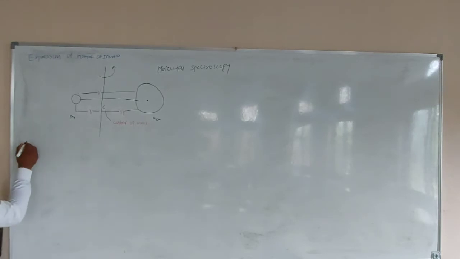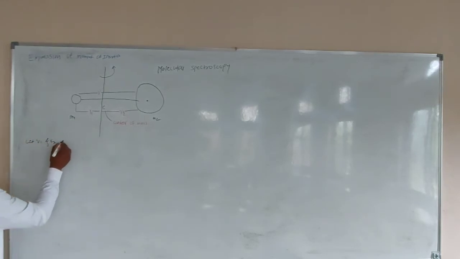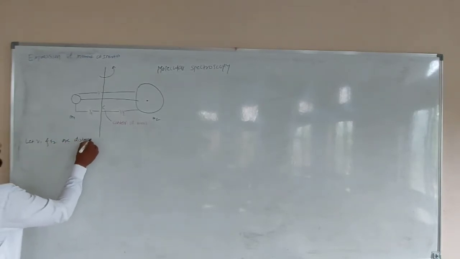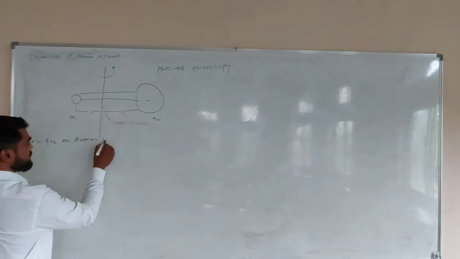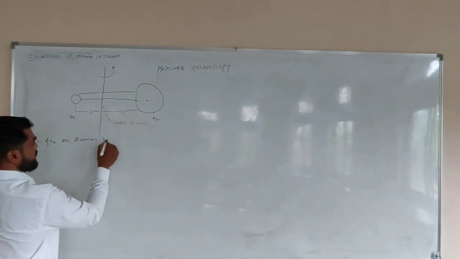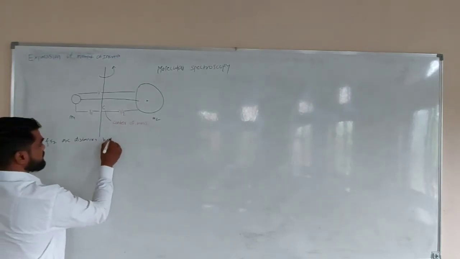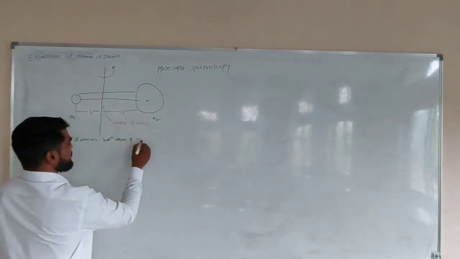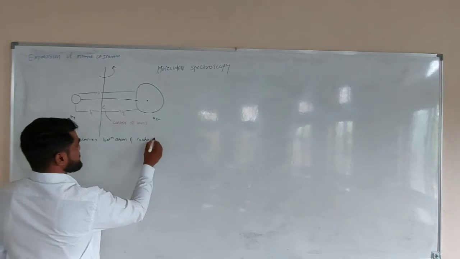Let r1 and r2 be the distances between each atom and the center of mass.